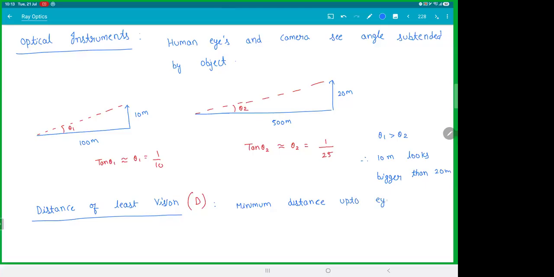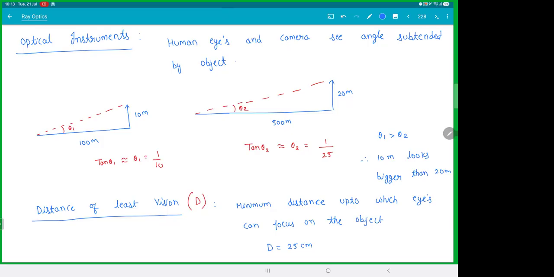If you keep anything closer than this, you can't see. So there, first thing we see angle, second thing you can't see if you're too close. The value of D is generally 25 centimeters. If they don't give anything, always check 25. These 2 points are clear.